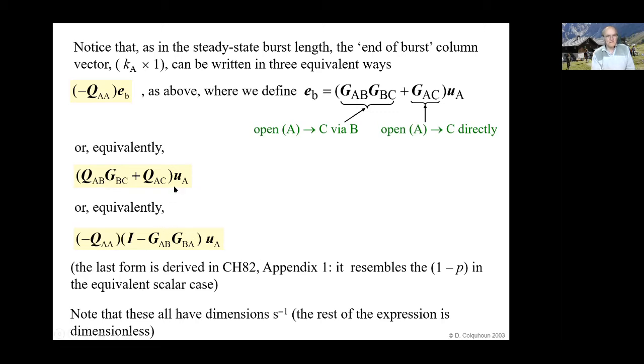Notice that these end of burst vectors all have the dimensions of reciprocal time because of this minus QAA. The Q matrix contains transition rates, all of which have the dimensions of reciprocal time, and the rest of the expressions are all dimensionless.